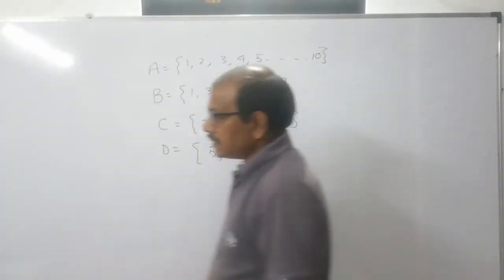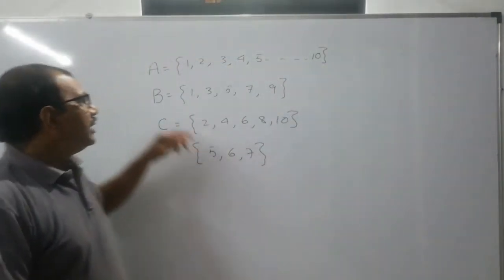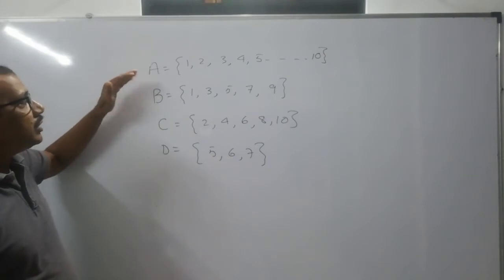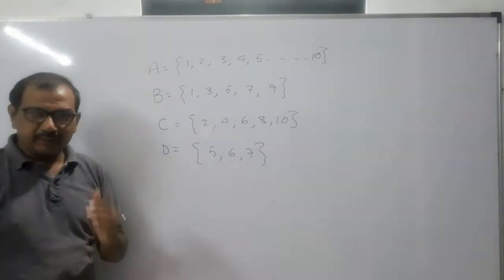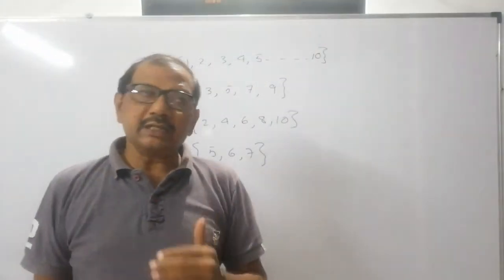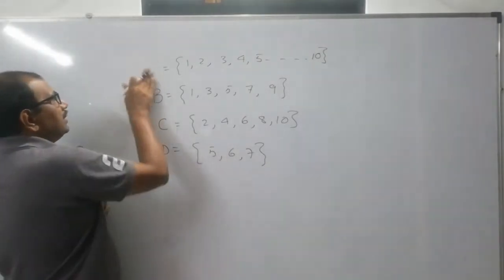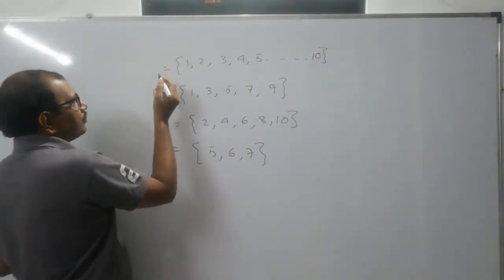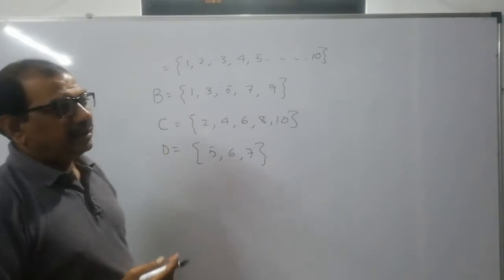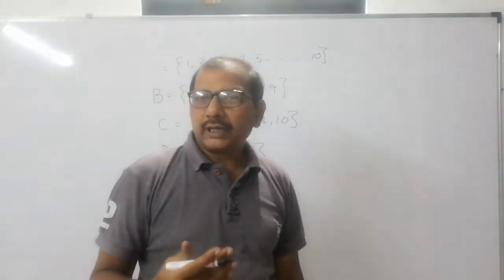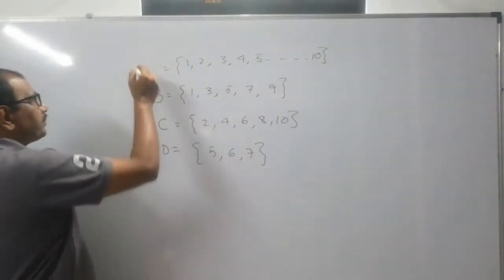So in this case we say that A is a universal set. A is a universal set. Now, instead of calling it as A, generally universal set को हम denote करते हैं capital U से.